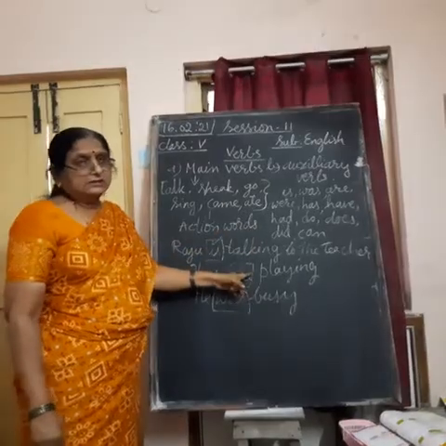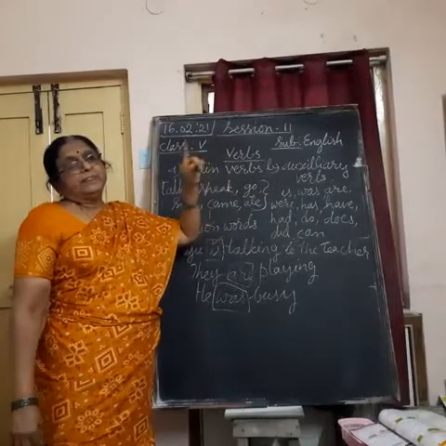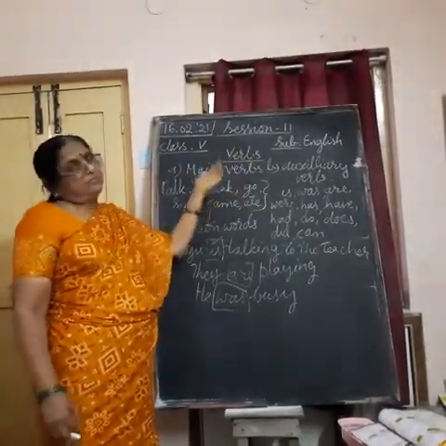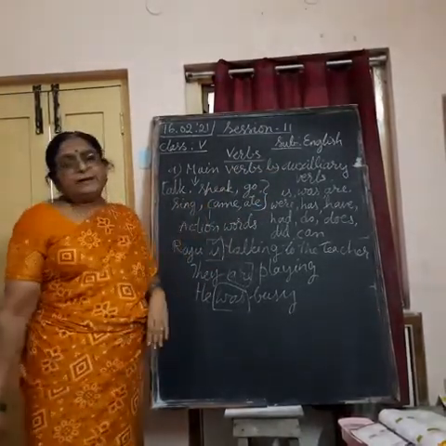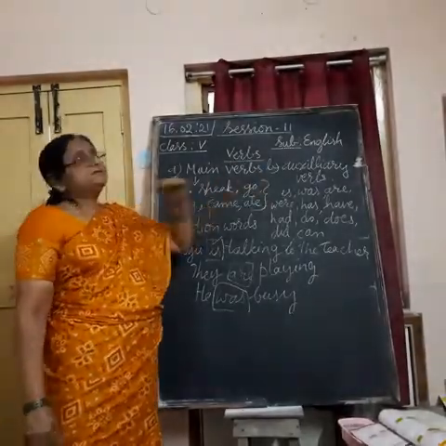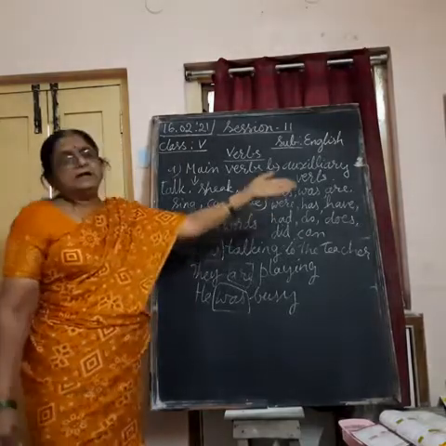"Done" is the action word, "has" is the auxiliary verb. Understand? And this auxiliary verb helps the main verb to complete the sentence properly. "They have made many mistakes." "Made" is the main verb, "have" is the auxiliary verb. Understand? In that way you can take any other example.